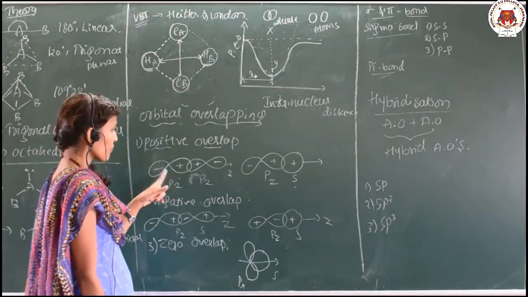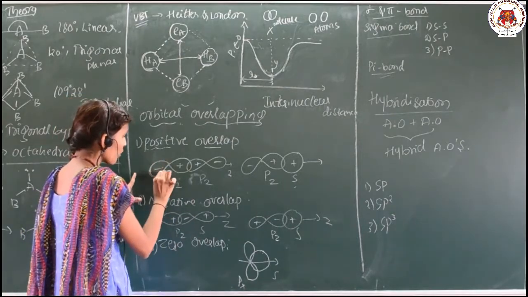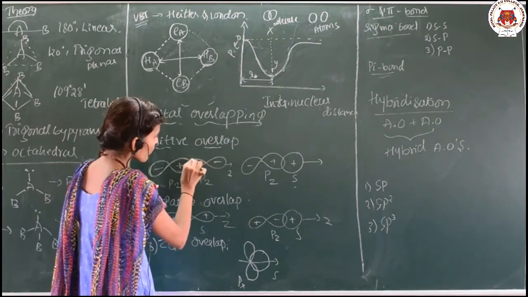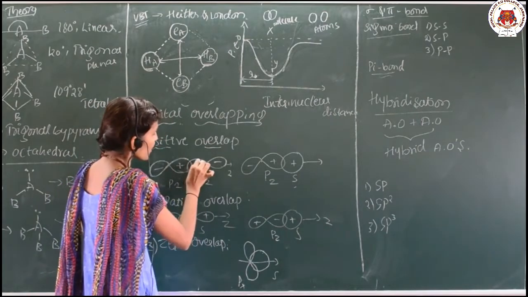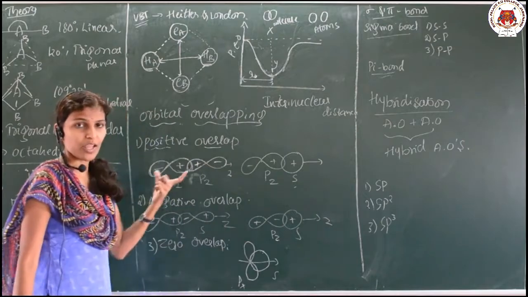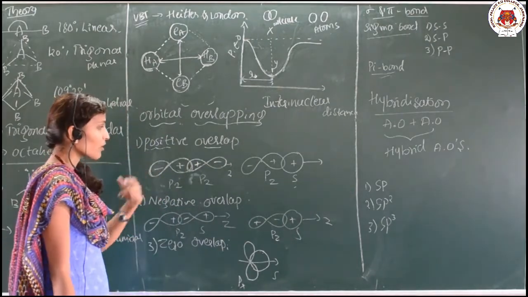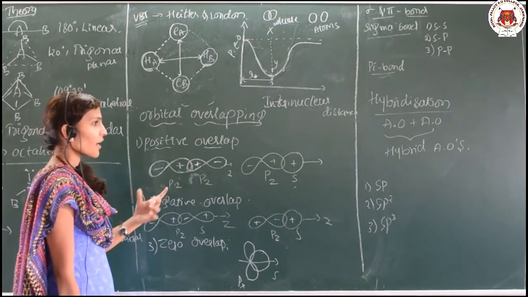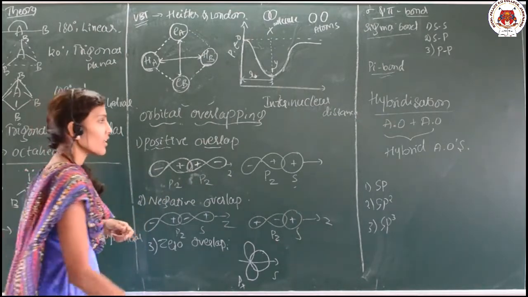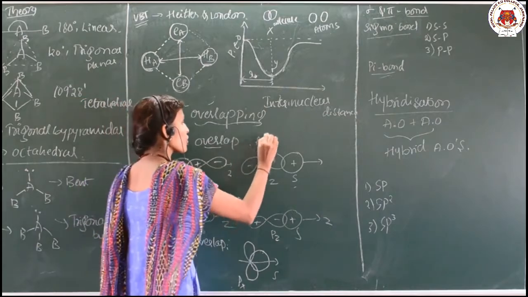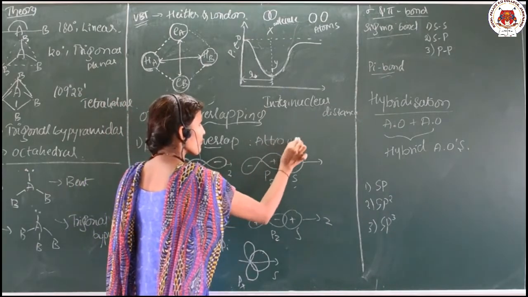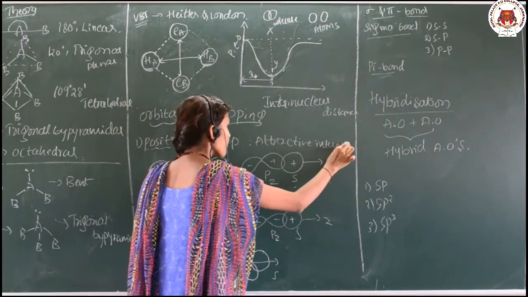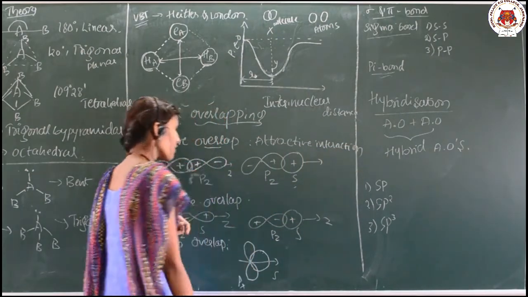See here pz, this is one of the orbitals which has the plus charge, and this is one more orbital which is overlapping with it. It is also the same sign. These have the same sign, the orbitals overlap with each other, and this is an attractive interaction.